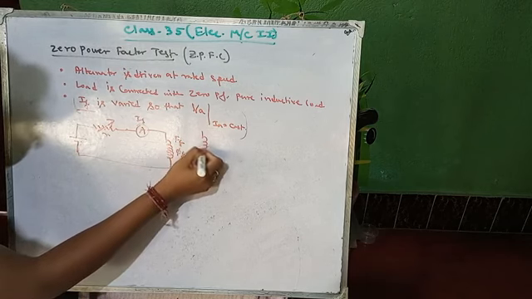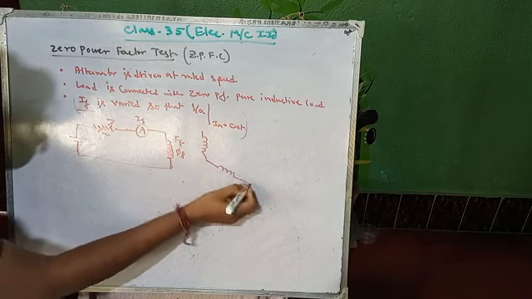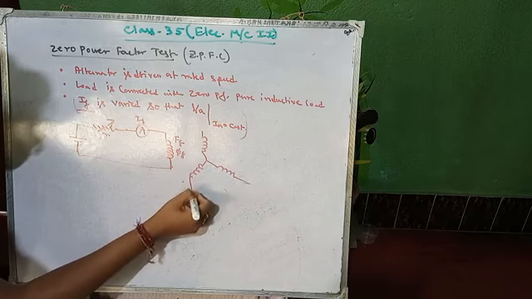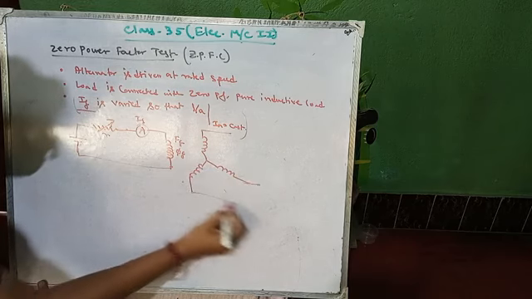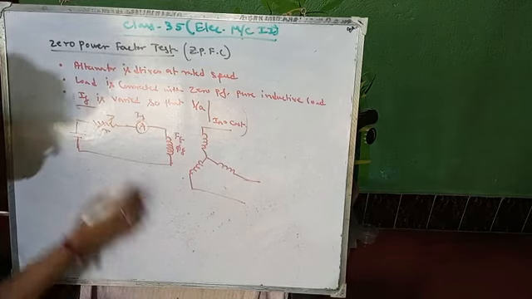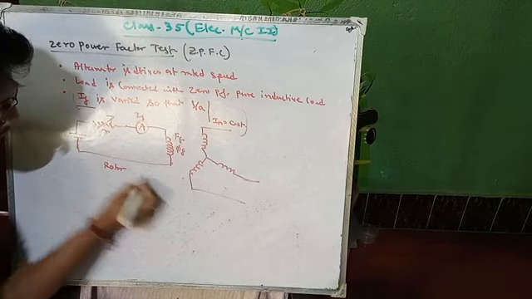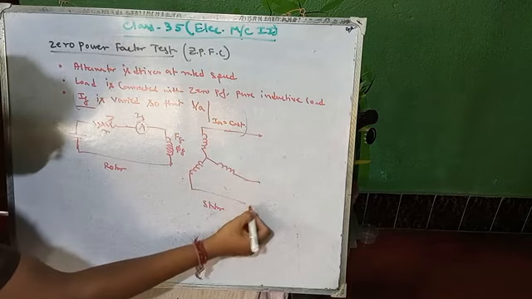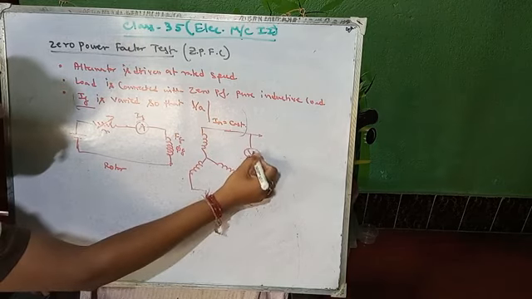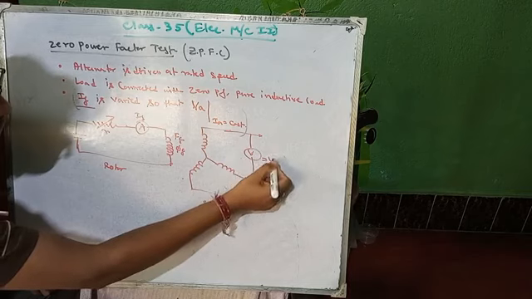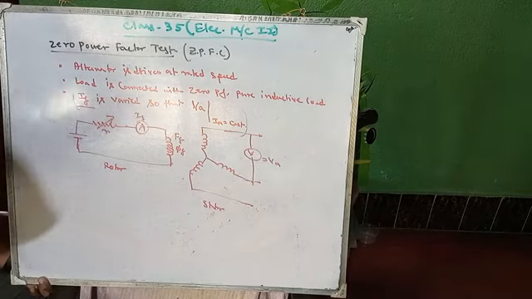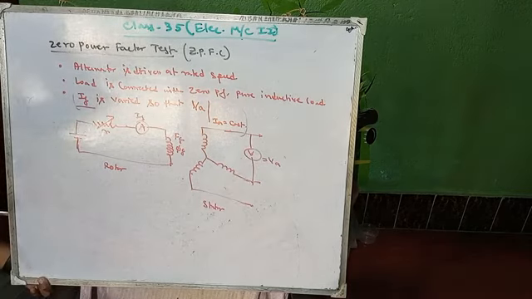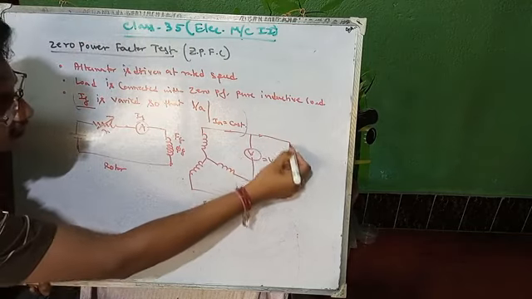This is the rotor, this is the stator. So across the stator terminal we should connect a voltmeter which reads VA. And there will be a three-phase balanced, purely inductive, star connected load.